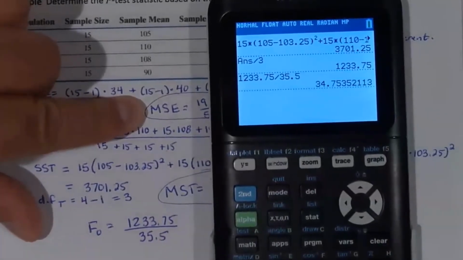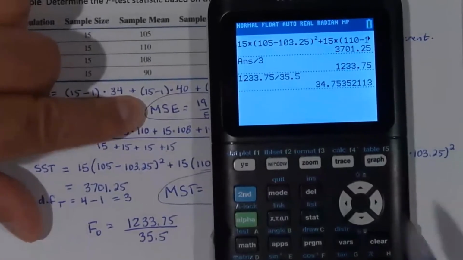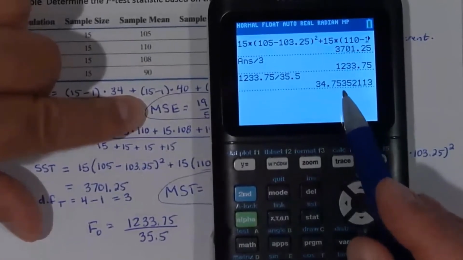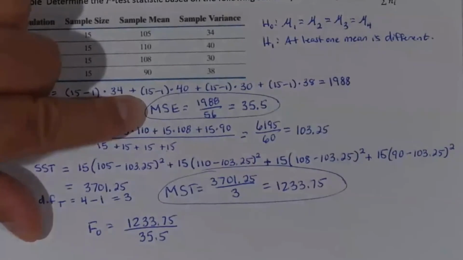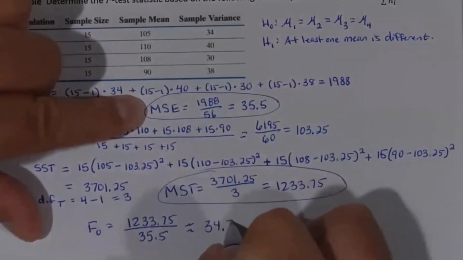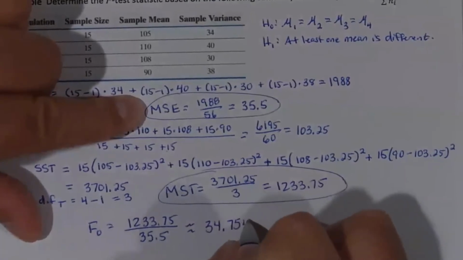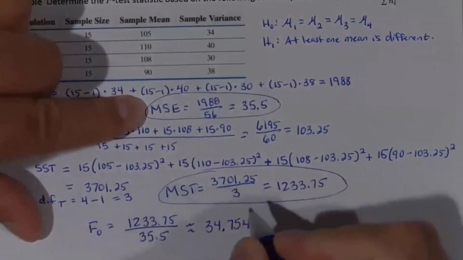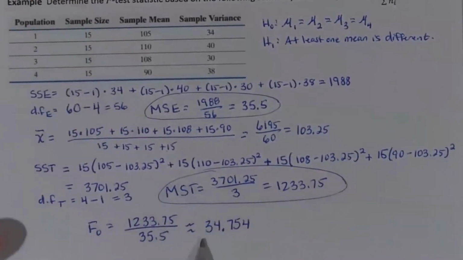That is equal to 34.754 if I round to 3 places. So that is our F statistic.